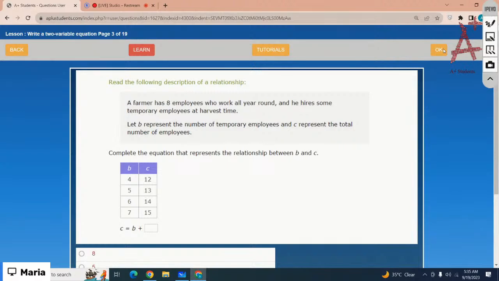That means you have to add 8 every time. So it is C equals B plus 8. The correct option is 8.